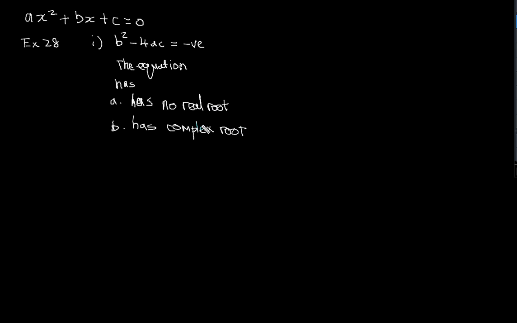Isn't it contradicting? You say that if b squared minus 4ac becomes a negative value, the equation has no real root. But then why does it have a complex root?